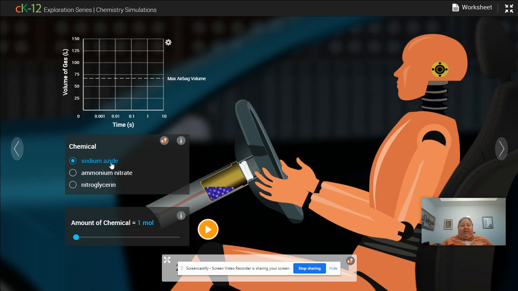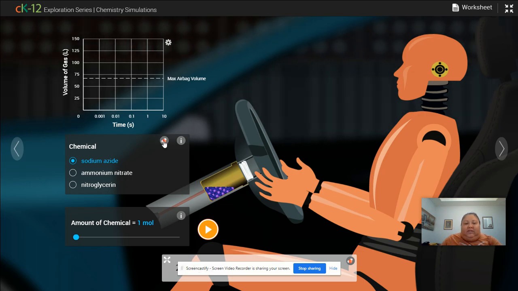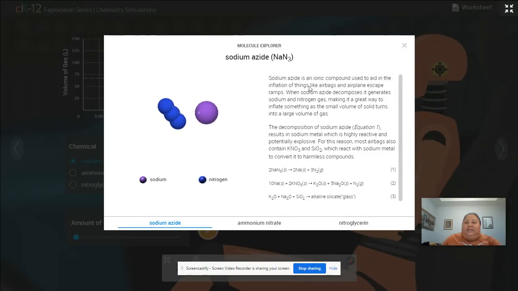So we have three chemical compounds: sodium azide, ammonium nitrate, and nitroglycerin. All right, so let's look at this first one. Sodium azide is an ionic compound used to aid in the inflation of things like airbags and escape ramps.